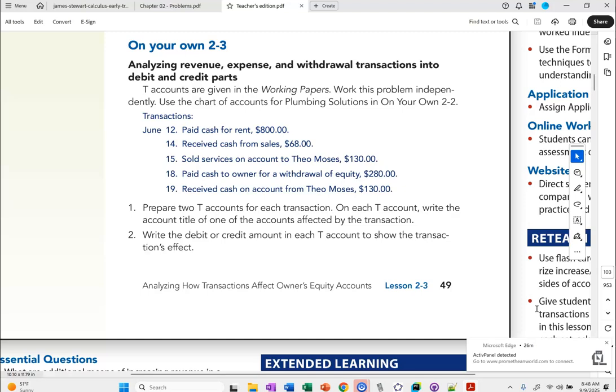Yes, are the two accounts. Accounts receivable is an asset. That's going up. That's a debit. Sales is a credit. Well, it's equity, so it's a credit. Yeah, makes sense, which is what we had said.